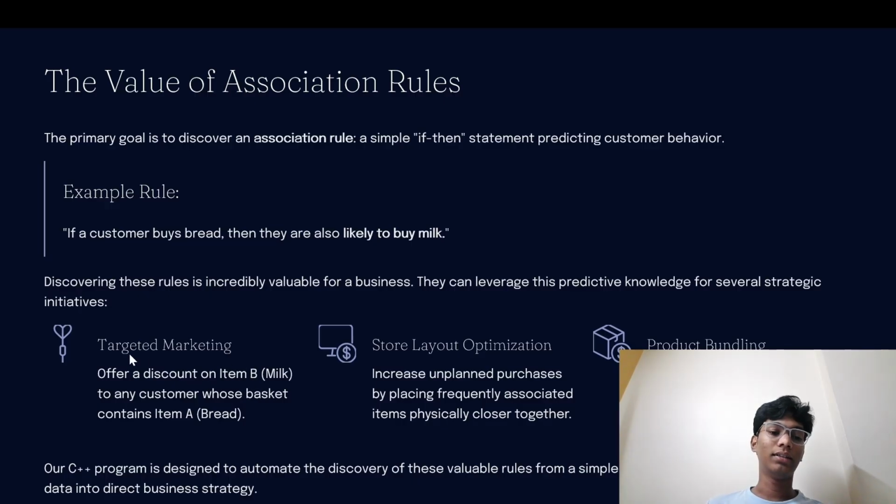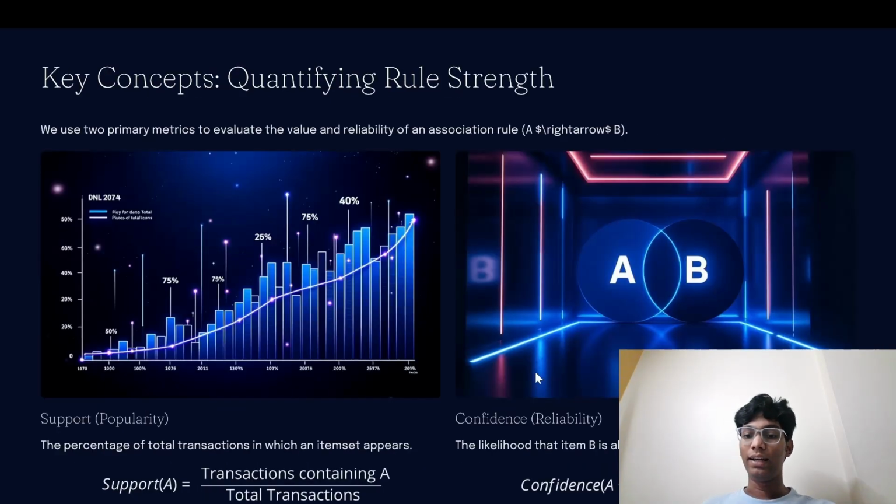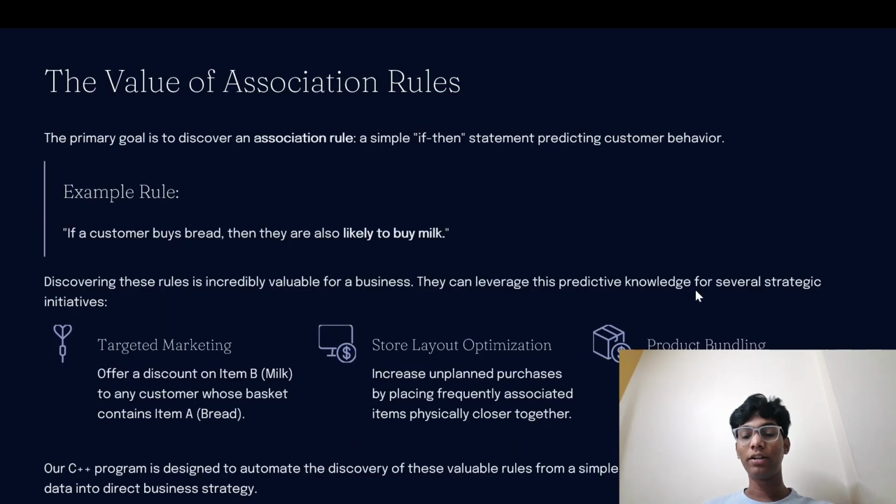Then there's targeted marketing: if a person buys milk, they're targeting him and predicting that he might buy bread, or he might buy butter or egg or something like that. Then we've discussed store layout optimization: if we place milk near bread, there's more possibility. And there's product bundling too, in which we can make combo offers.